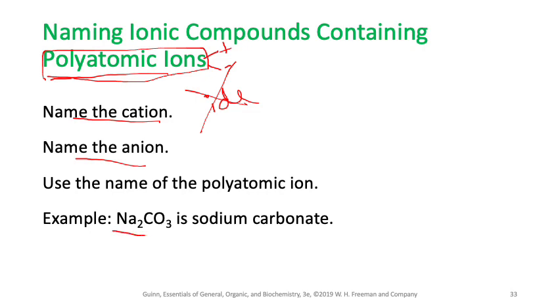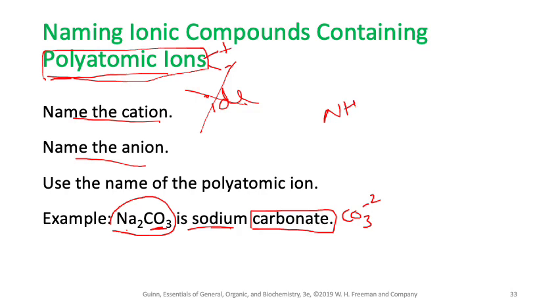For example, Na2CO3: Na is sodium and CO3 is carbonate, the same name as the polyatomic anion, because carbonate is CO3 2-. We are not ending the name with -ide, so it's sodium carbonate.